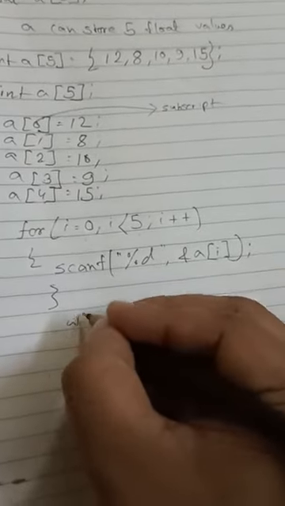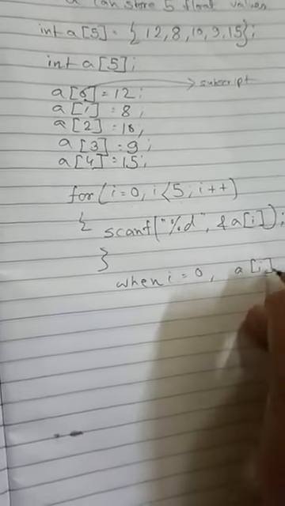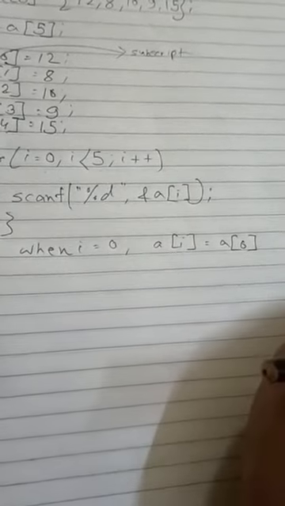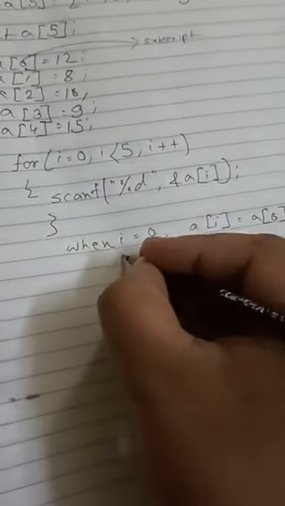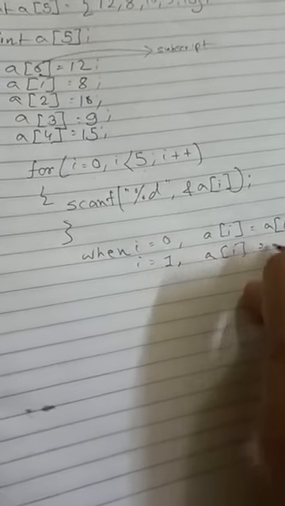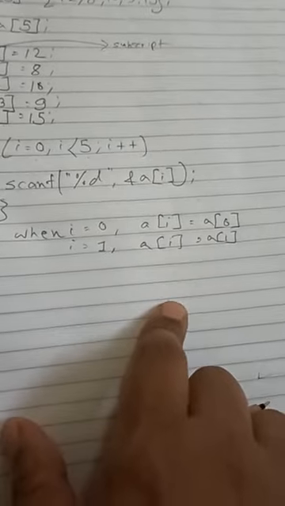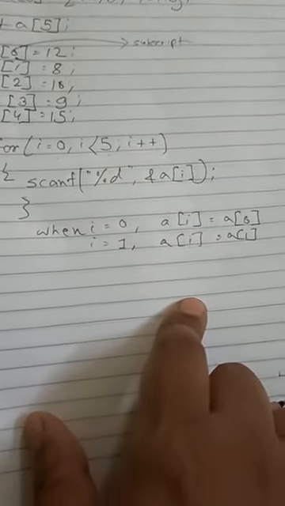When i equals 0, then a[i] means a[0]. Next, the value of i will be 1, and a[i] will be a[1]. This is how the value of i will continue up to 4.